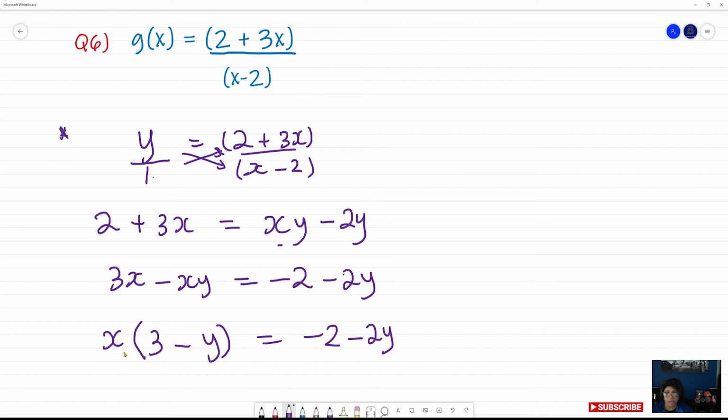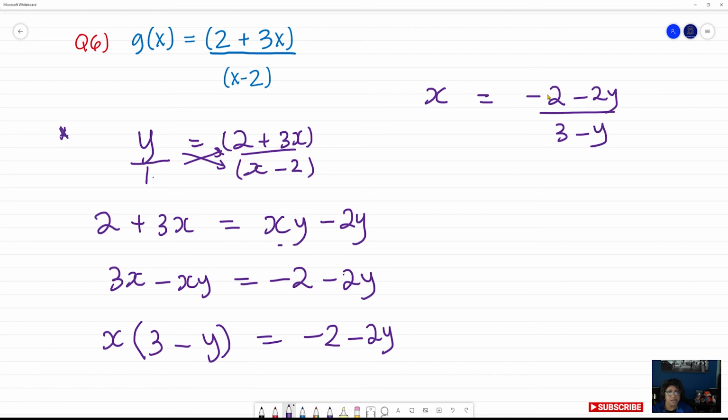Moving on then, we can make x the subject now. So we get x equals, we need to divide both sides by 3 take away y. So this is going to be minus 2 minus 2y over 3 minus y.